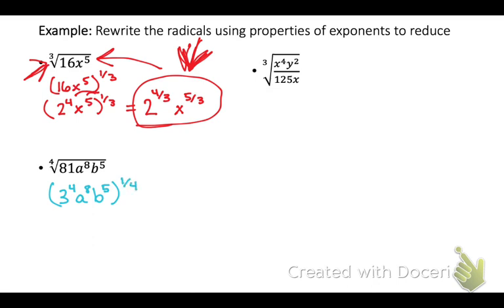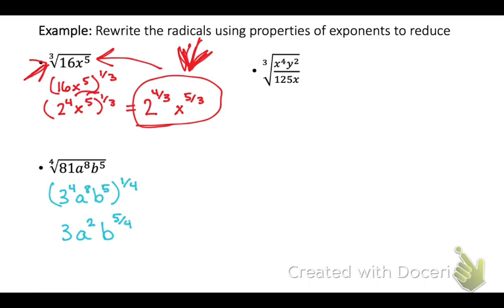And then I distribute. So 3 to the first, because 4 over 4 is 1. A to the 2. And b to the 5/4.